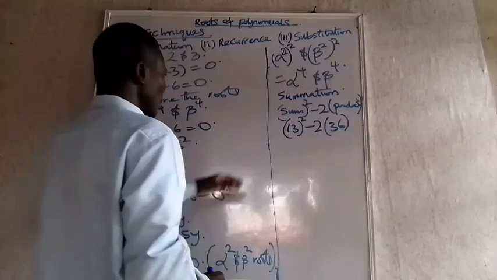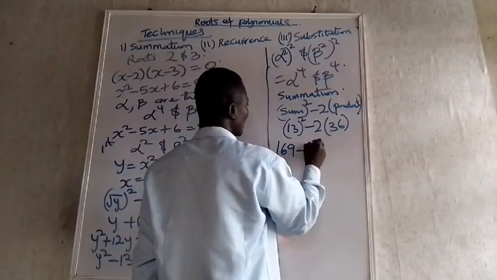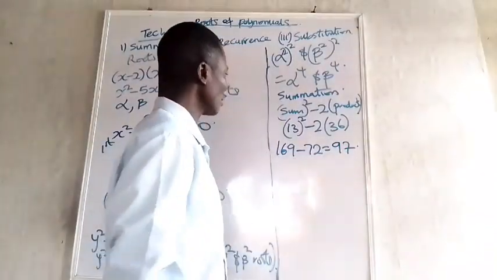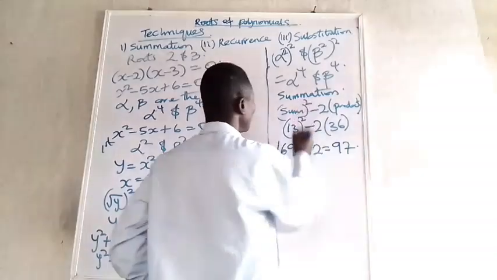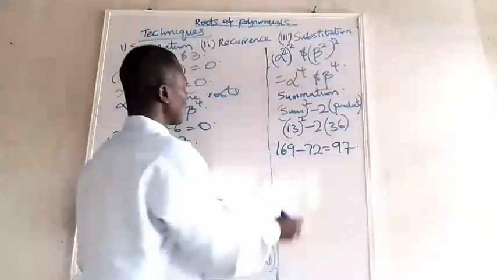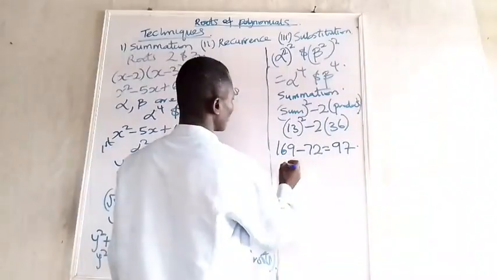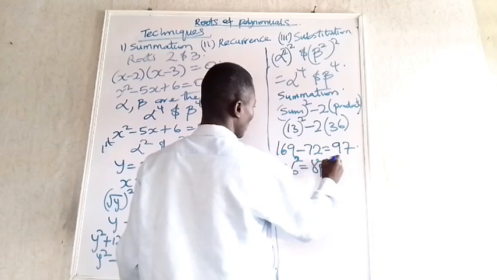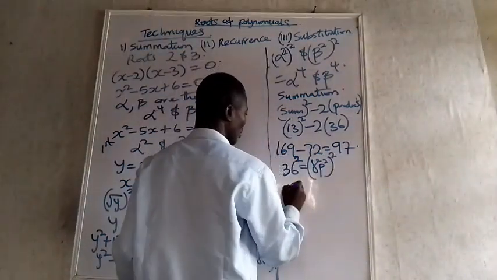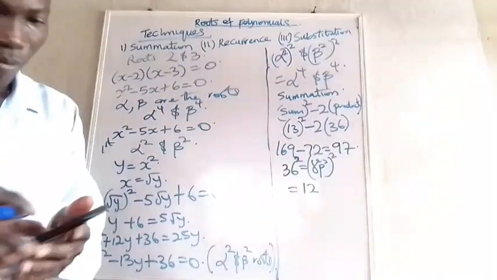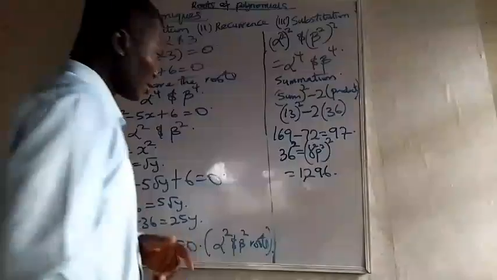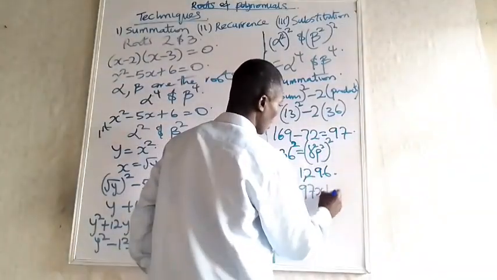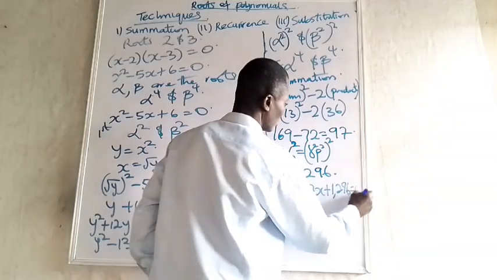This is equal to 169 minus 72, which is 97. So the new quadratic equation is going to be x squared minus 97x plus 1296 equals 0.